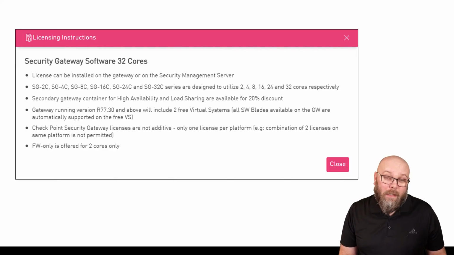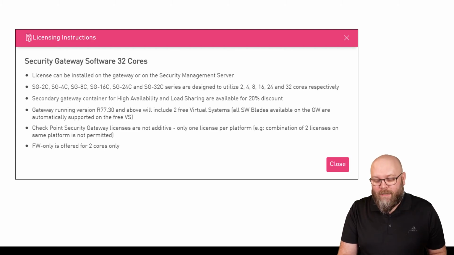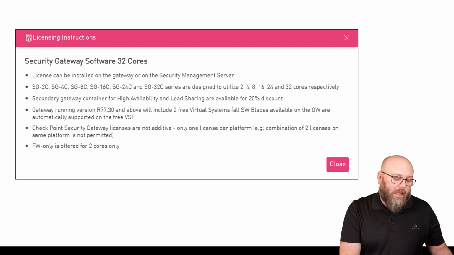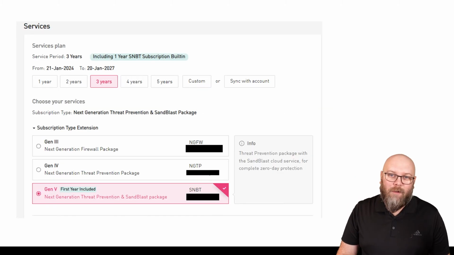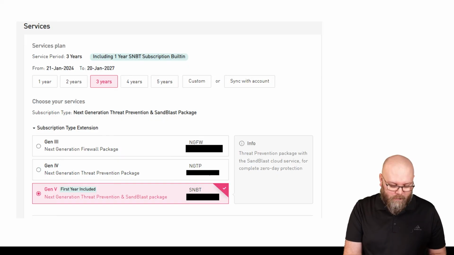I think the greatest benefit is that you can transfer the license to new hardware. So the license itself is perpetual, and then you add services like functions, and then you add support. When it comes to both appliances and open servers, or software based, so to say, you need to decide right away what sort of blades you want to include in the purchase.